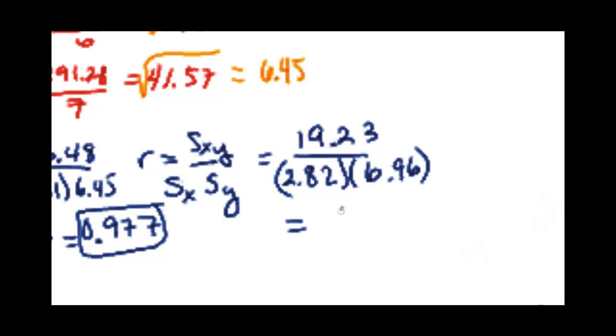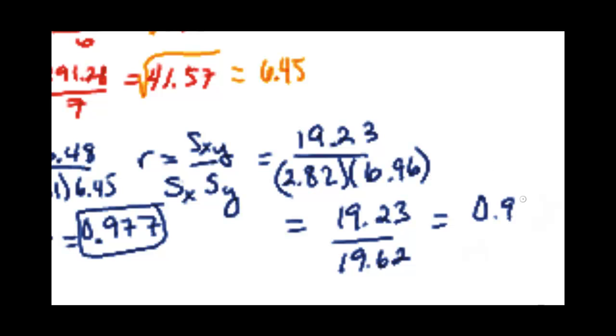When you do so, you get 19.23 over 19.62, which gives you 0.9799, I believe it was, which rounded to 0.980. Again, very close to 1, as we expected.